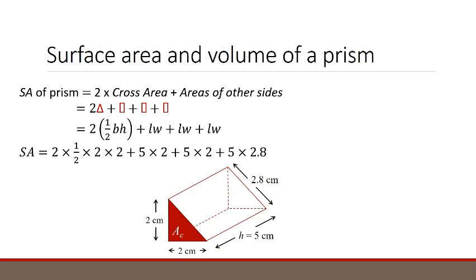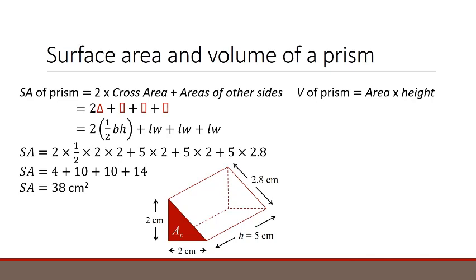The back or left rectangle is 5 centimeters times 2 centimeters, and the sloping rectangle, the one that's sort of facing us, is 5 centimeters times 2.8 centimeters, which gives us, and you could probably do this in your head, but use a calculator to be safe, 4 plus 10 plus 10 plus 14, which is 38 centimeters squared, remembering that the units are squared because it's an area.